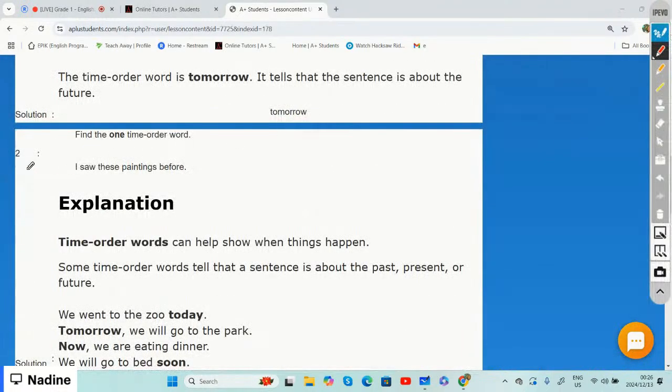Here it says, I saw these paintings before. We need to identify our time order word within that sentence. I saw these paintings before.